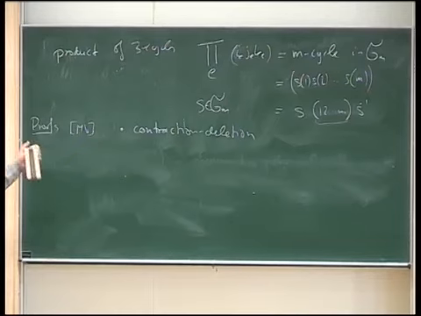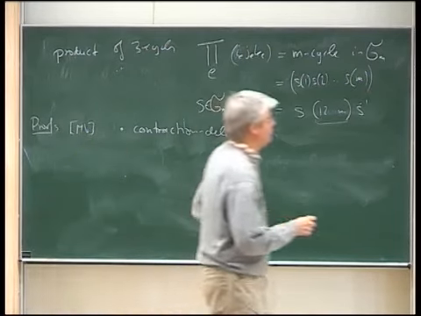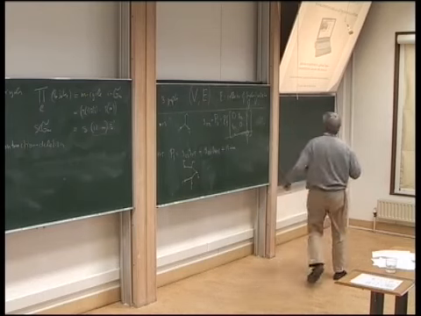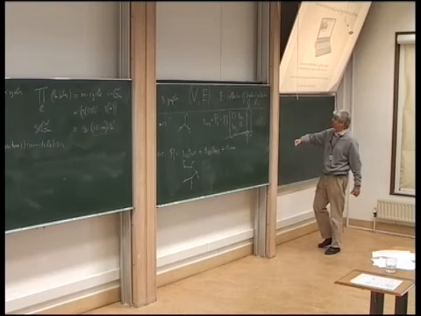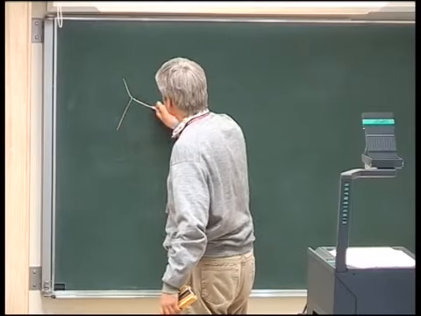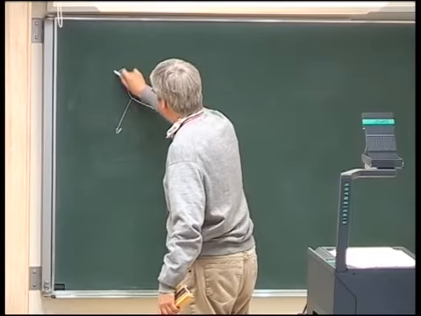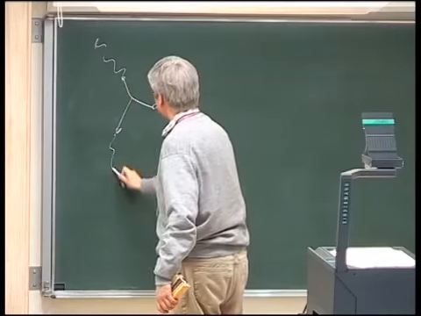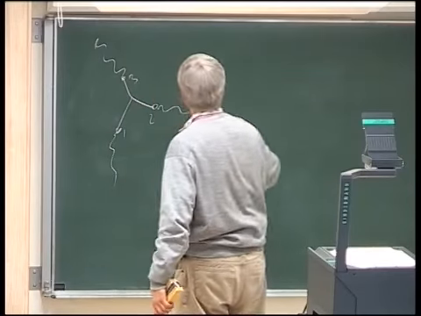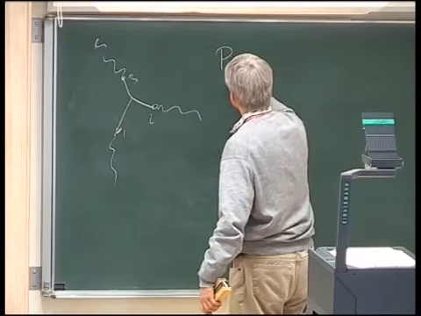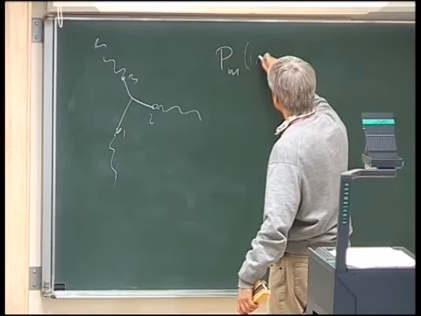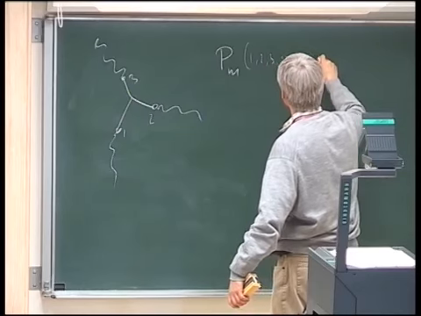It's the same story. You have your tree. This polynomial will satisfy some relation, so you have some edge here, and then you have some other stuff. Say this is 1, 2, 3. So we'll have the PM, say in variables 1, 2, 3, 4 up to m.